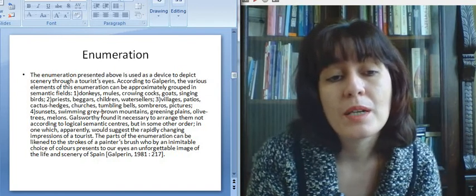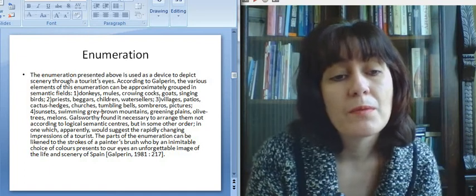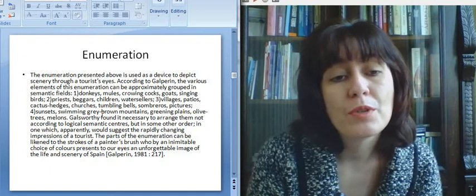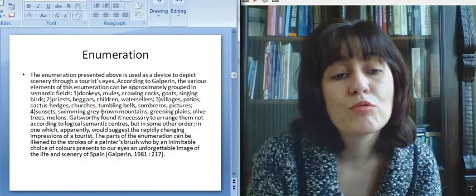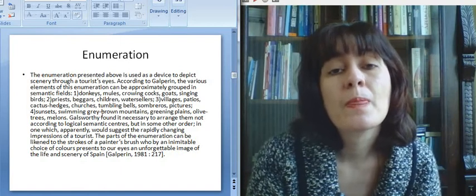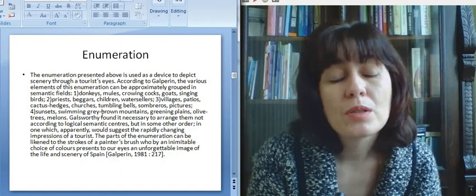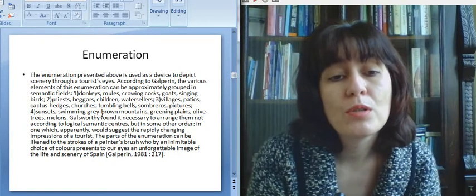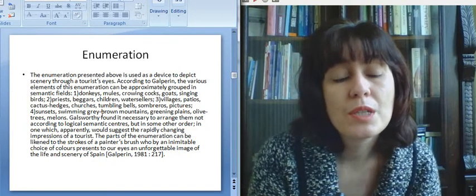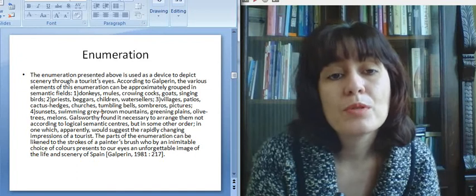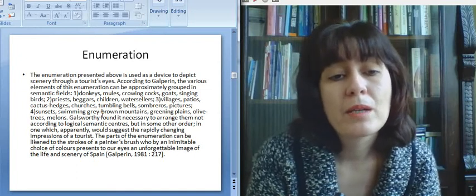The enumeration presented above is used as a device to depict scenery through a tourist's eyes. According to Galperin, the various elements of this enumeration can be approximately grouped in semantic fields. Group number 1: donkeys, mules, crowing cocks, goats, singing birds.